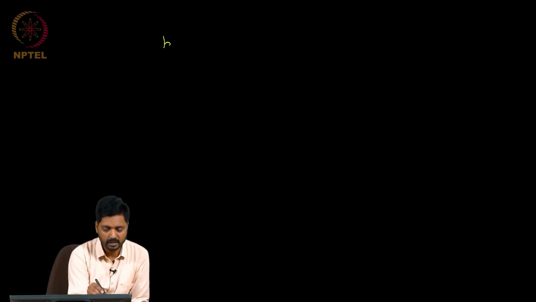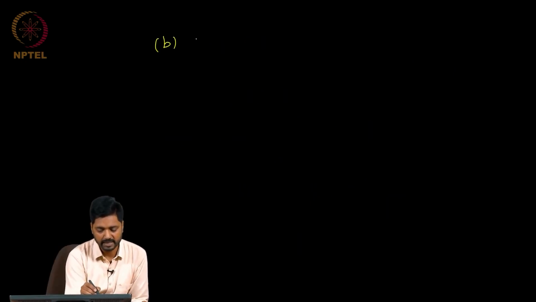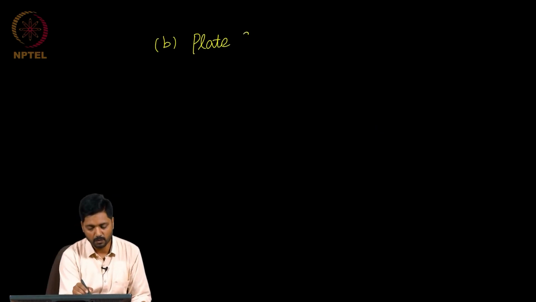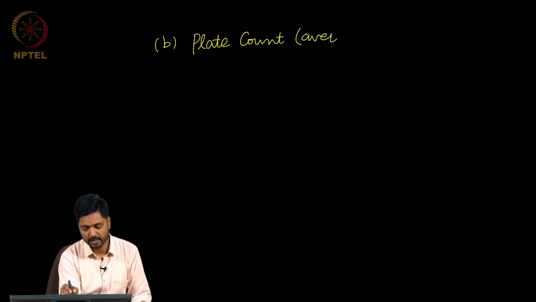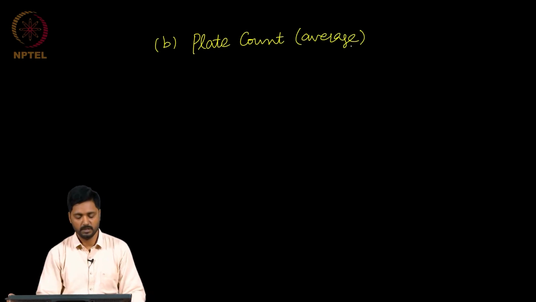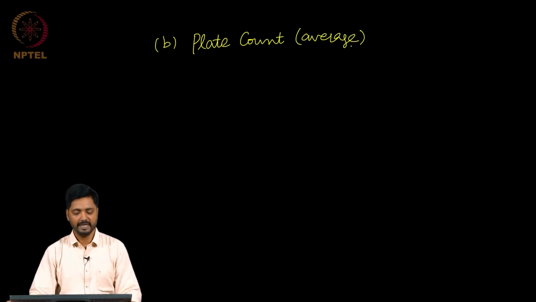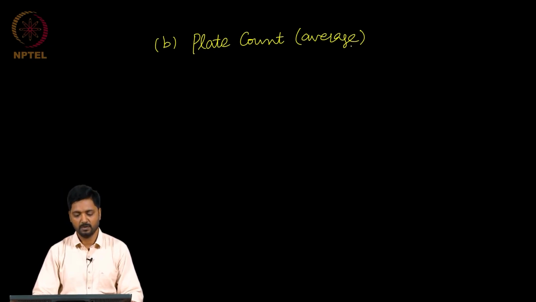Now, the next part requires us to calculate. In part B, we are required to calculate the plate count average for this column. So, what we will do here is we will calculate the plate counts for analyte 1 and analyte 2 and average it out to figure out the plate count average for this column.